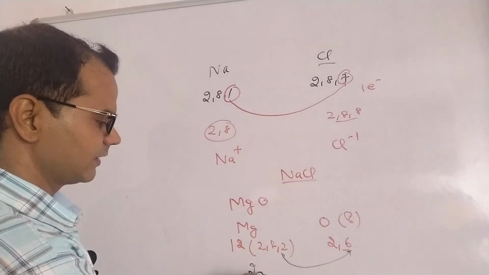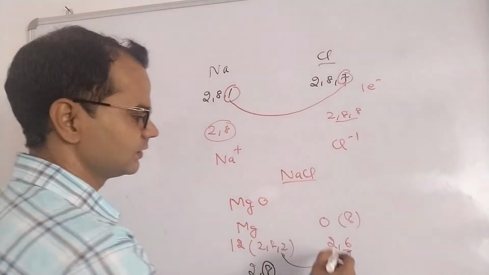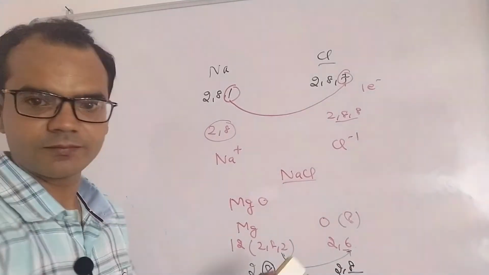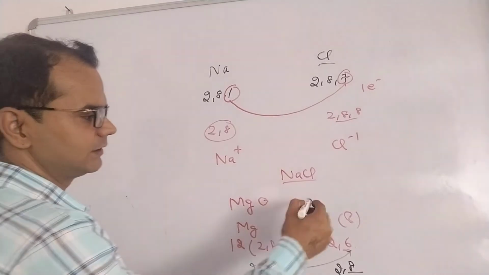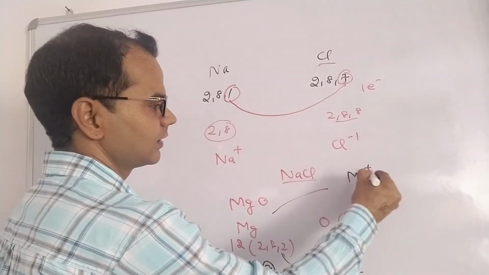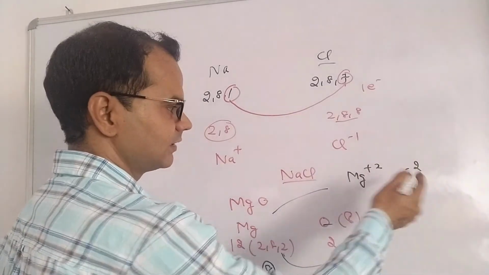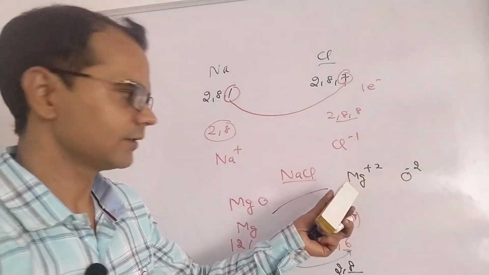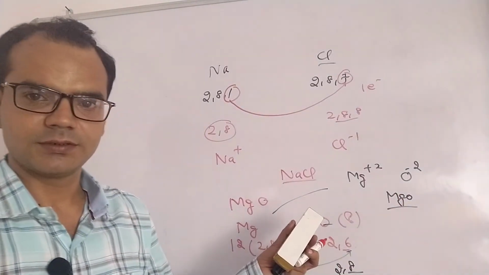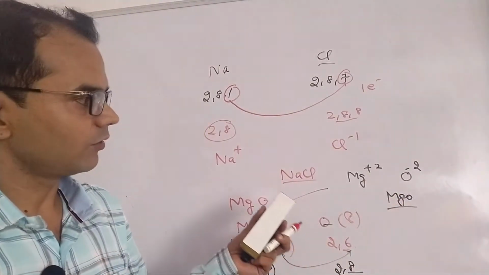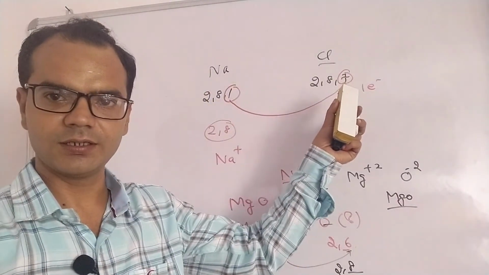As a result, magnesium becomes stable, and similarly oxygen becomes stable. After losing 2 electrons, magnesium is a cation and oxygen is an anion. Again they attract each other by electrostatic force of attraction, and magnesium oxide is formed. This is the first way, by losing electrons or by gaining electrons.